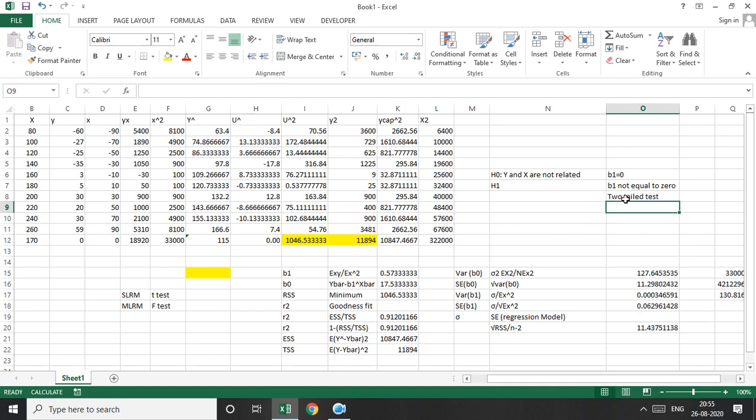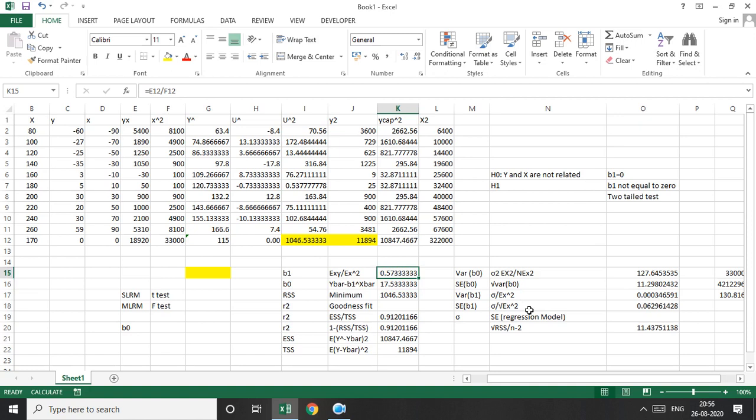So how can we find out the t value? We have got beta 0 equal to 17.5, and beta 1 equal to 0.573, something like that. We can find out whether these two values are individually significant or not. How can we do that?